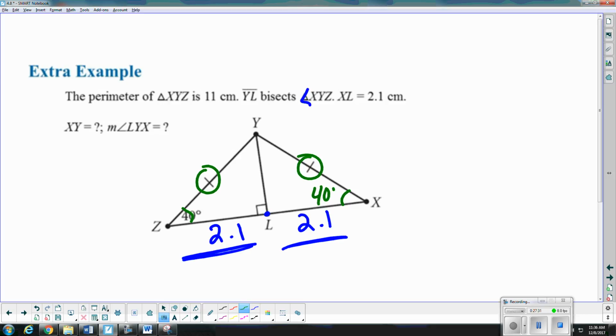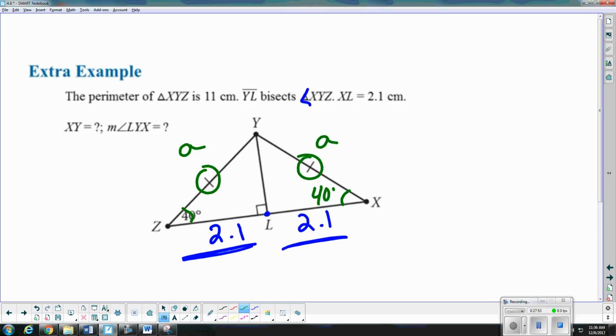We don't really need to know that, but we do need to know that it's an isosceles triangle. Okay, so let's just call this side A. CY, we're just going to call it A, so it's easier to work with. And if this side is A, this side is also A.